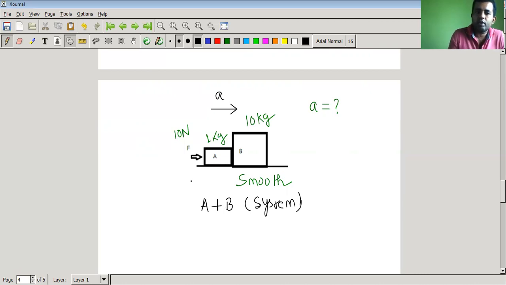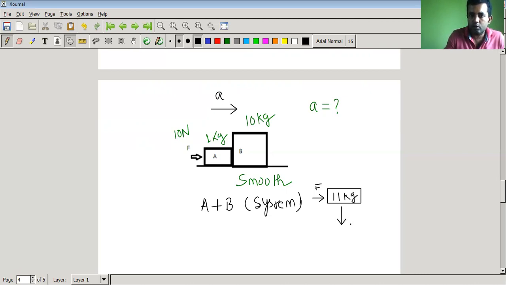Now, if we consider A plus B to be our system, then we have one block of 11 kg, and along this force 10 Newton is acting, and what other forces will act?